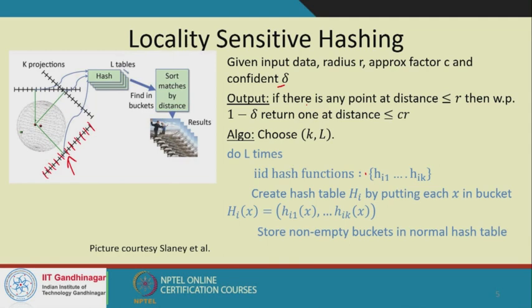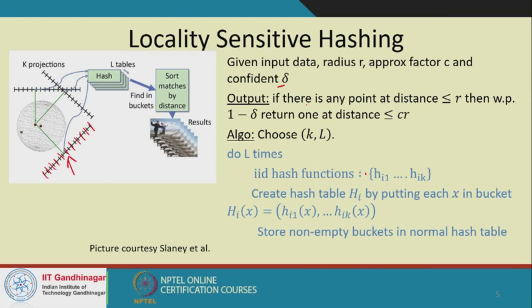You have to do this k times, and then you concatenate them. That gives the index for the ith hash table. The ith hash table is created by putting the point x in the bucket that is specified by this k-tuple.